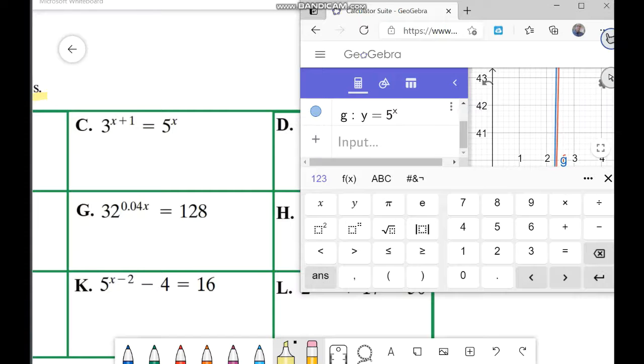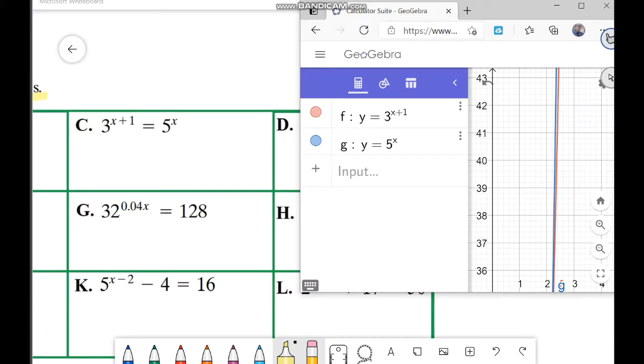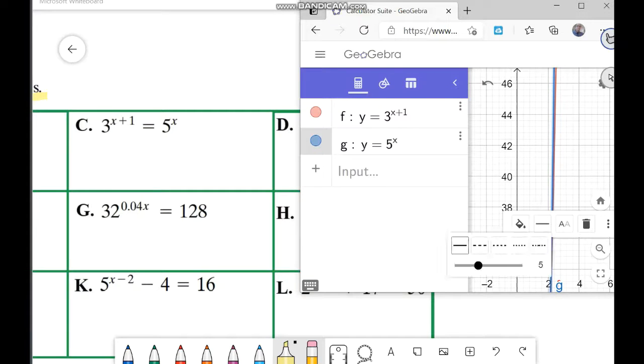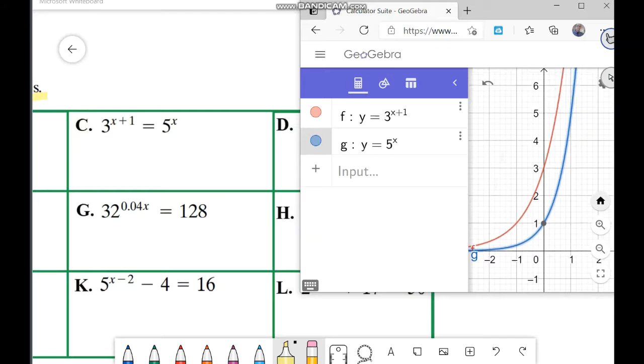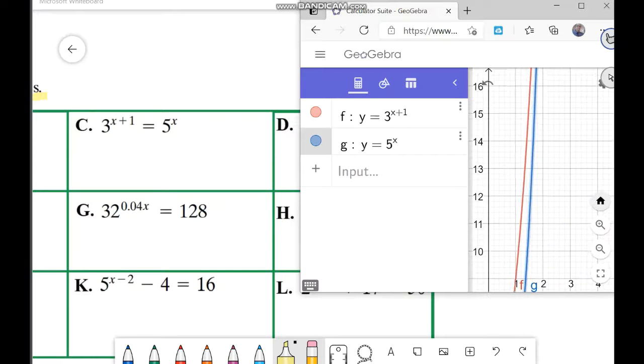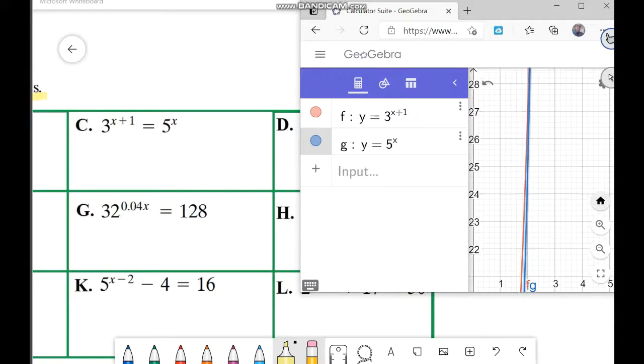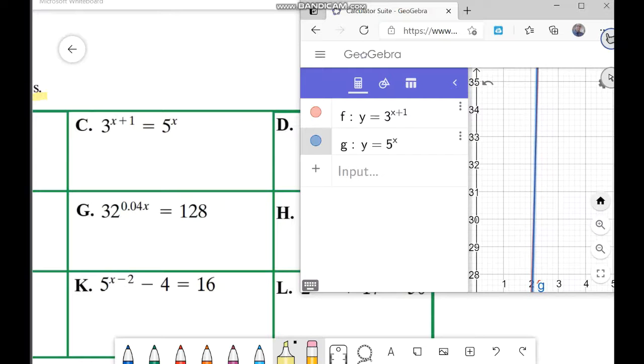Enter. And now we have, oops, where's the intersection? We will find the intersection.